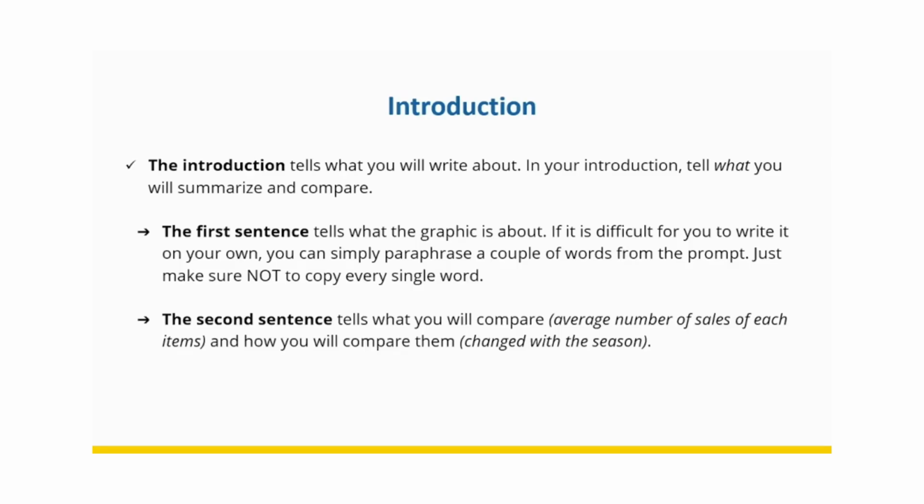Instead of show, for example, you can write down demonstrate, or you can write down depict, and so on. And for the second sentence, you just need to tell what happened from the beginning until the end. So do not provide specific information, examples, numbers in your introduction. You will only include these 2 sentences.